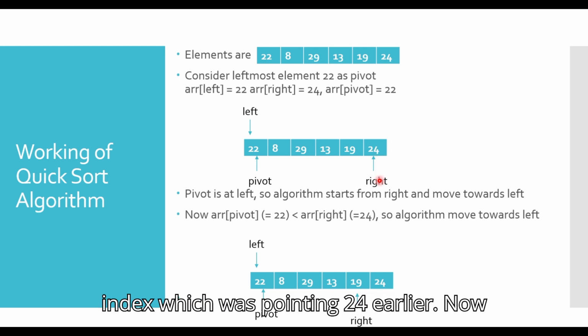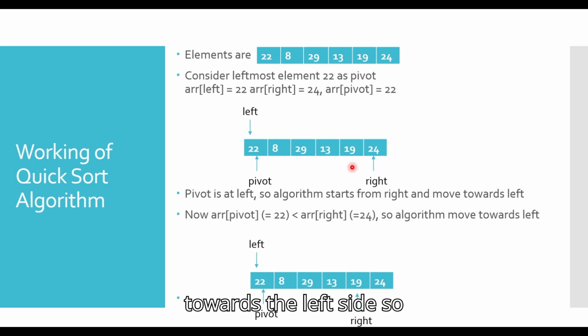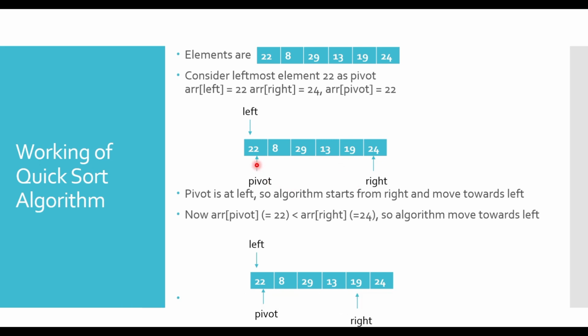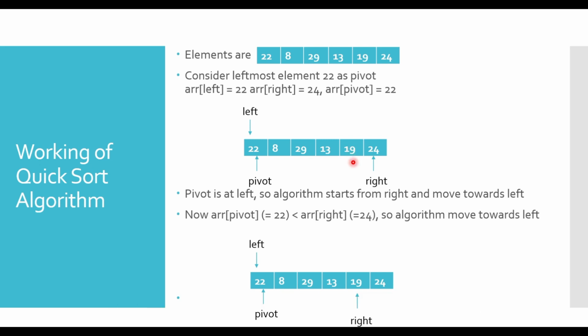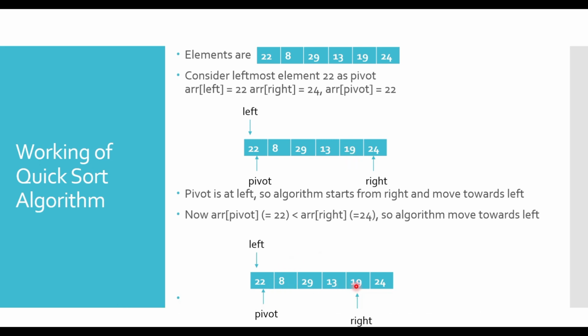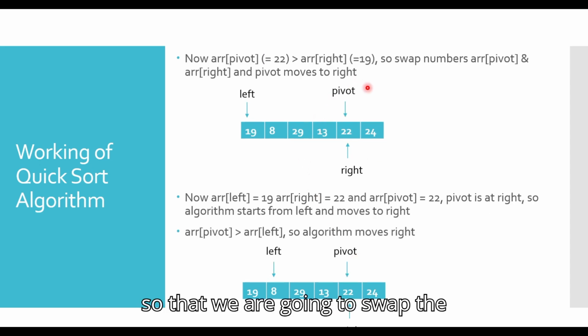The right index which was pointing at 24 now moves to the left, so the right position will be 19. Checking 22 and 19, we can see that 22 is greater than 19, so we swap the elements.